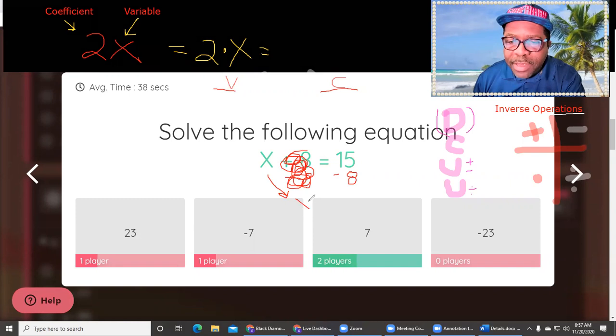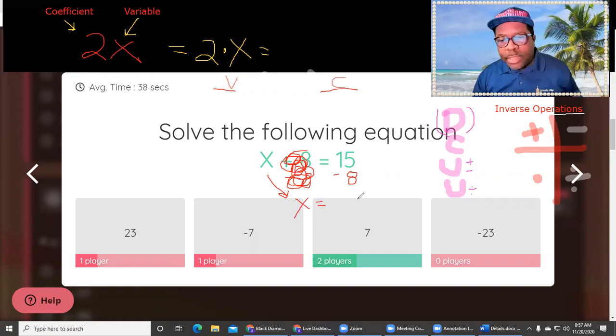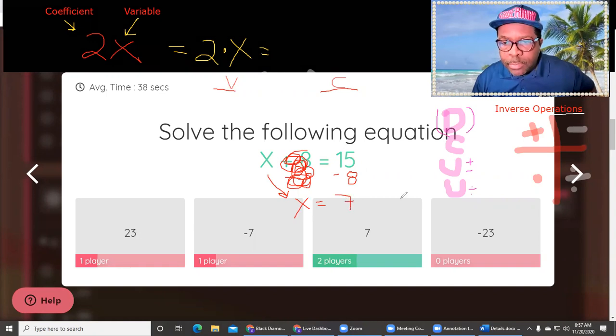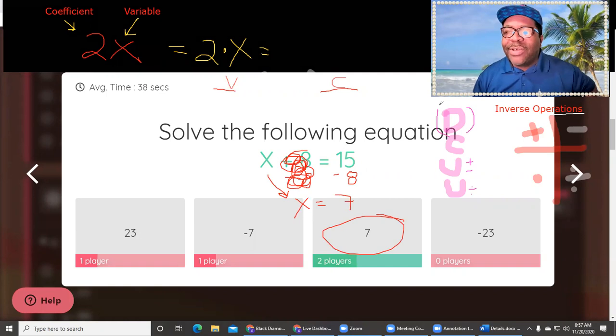So now you have x equals 15 minus 8, which is 7, the correct answer. Okay, so we've solved these problems. That gives you an idea of how we should solve for x.